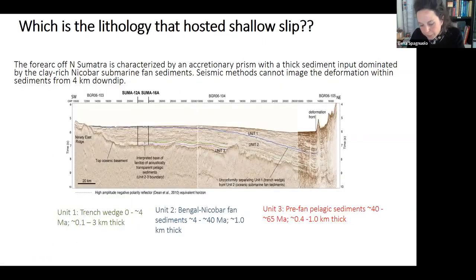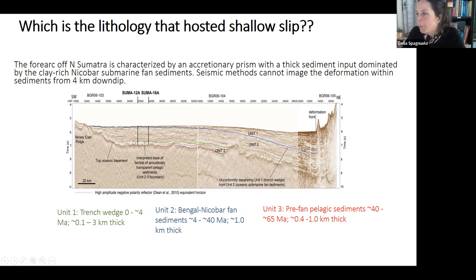There was an expedition, the IODP expedition number 362, which took essentially the input sediments to the trench, and produced logs and seismics. During the campaign, the seismics were not able to investigate the entire sediment length up to the trench. Here we have about 4 kilometers of sediments, and it was impossible to see exactly the structure of these sediments.